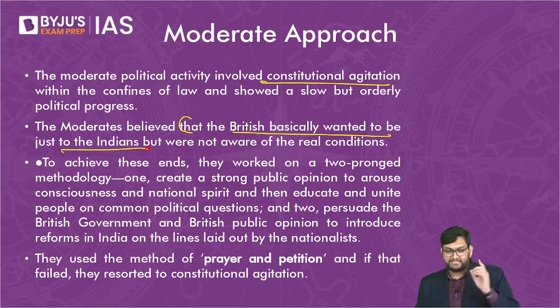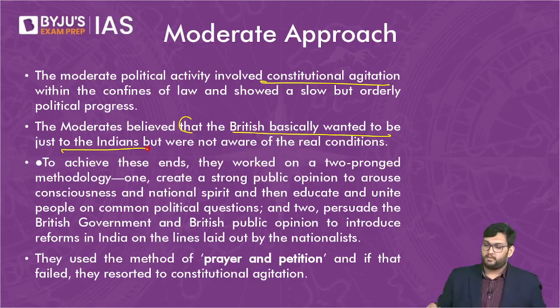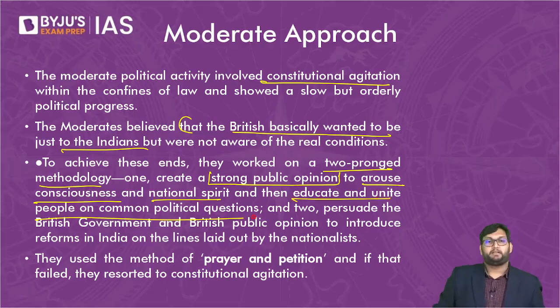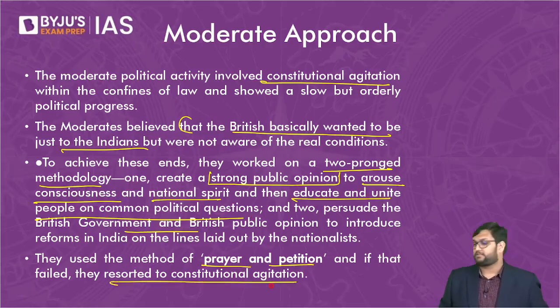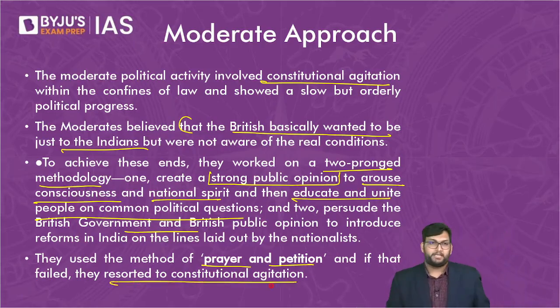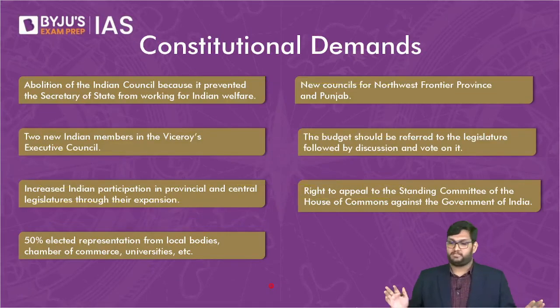So to achieve these ends, a two-pronged approach was there. Create a strong public opinion to arouse consciousness, nationalistic spirit, and educate and unite the people, and further persuade the British government through prayer, petition, and constitutional protest to change things. Now the point is moderate methodology.